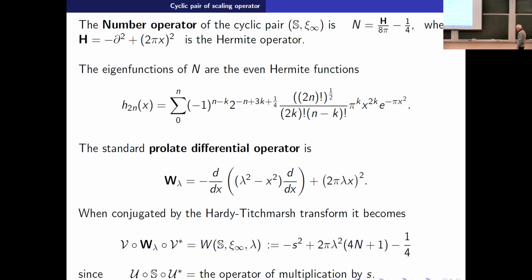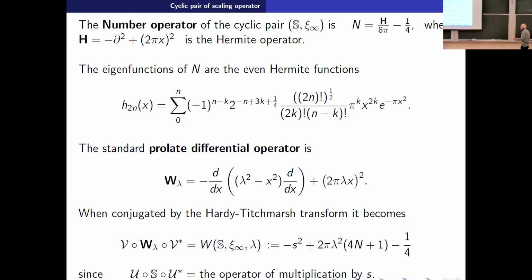And then if you conjugate by the Hardy-Titchmarsh transform, since the scaling moves to minus s squared, there was a minus 1/4 in the number operator which appears, and so you get altogether the formal prolate operator.